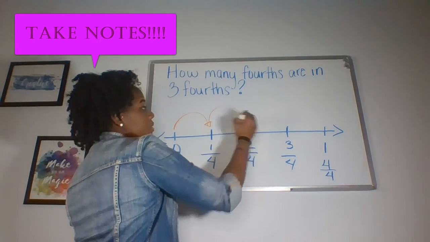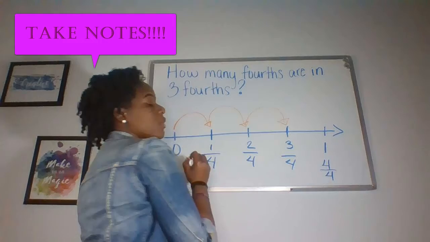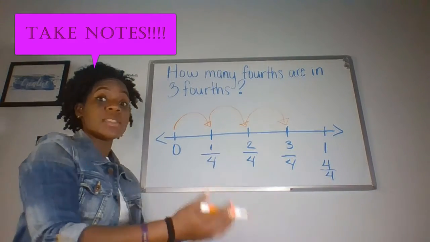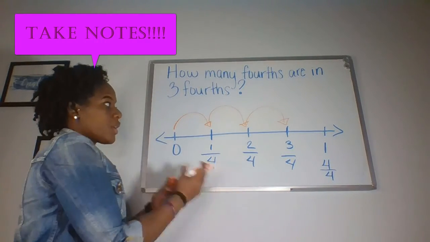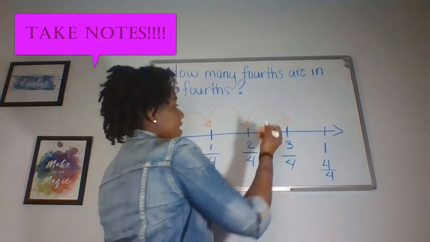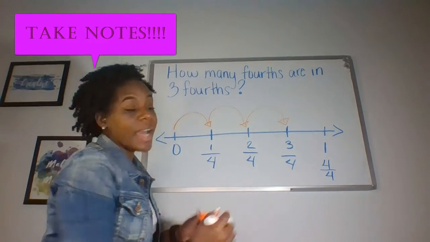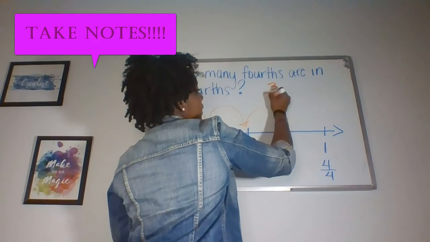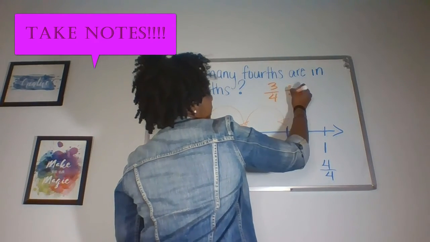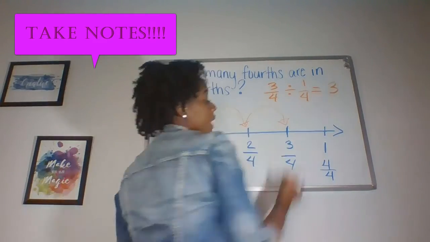That's 2 jumps, that's another 1/4. Until we get to 3/4. How many times did we jump to get to 3/4? There's a total of 3. So what they are saying is that 3/4 divided by 1/4 is equal to 3.